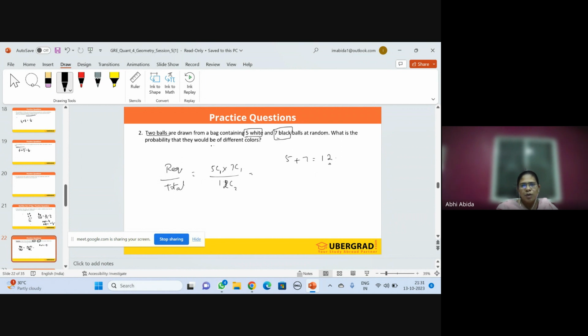They would be of different colors, that's the reason, so one from white and one from black. So 5C1 is 5, 5 into 7, over 12C2. What is 12C2? 12 into 11 by 2, 2 sixes 12, 6 into 11, 66. So it will be 35 by 66 will be the answer.